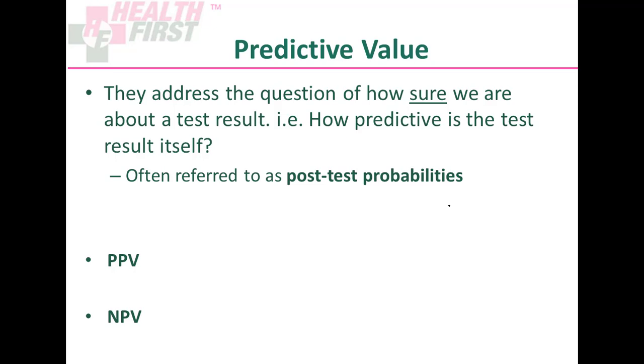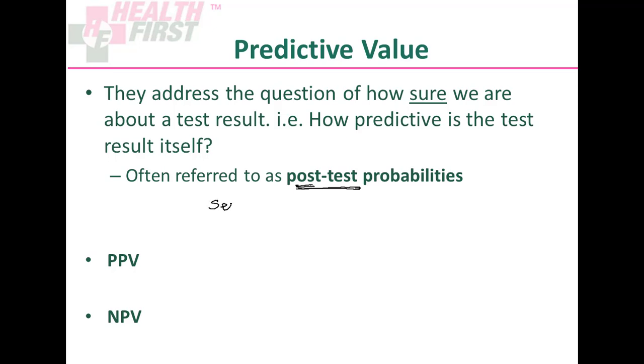predictive value. Predictive values are often referred to as post-test probabilities because they only matter really after the test has been run. That's why they are called post-test. For instance, if I tell you that I have a test, so let's take our previous test.